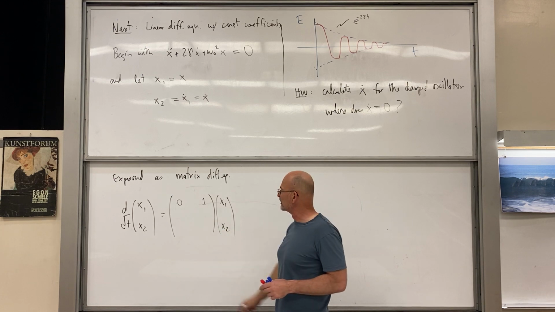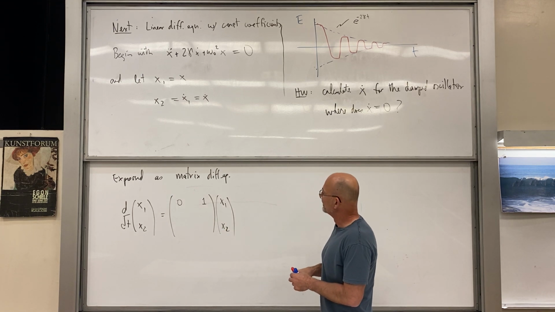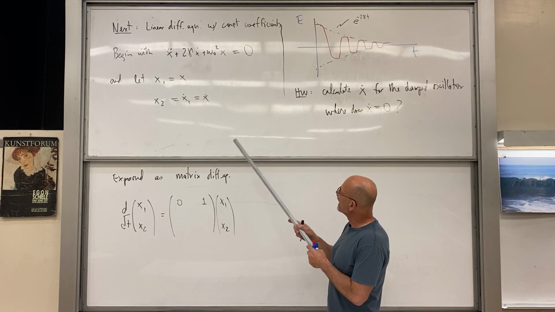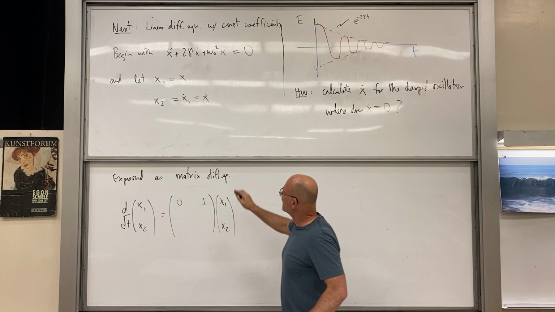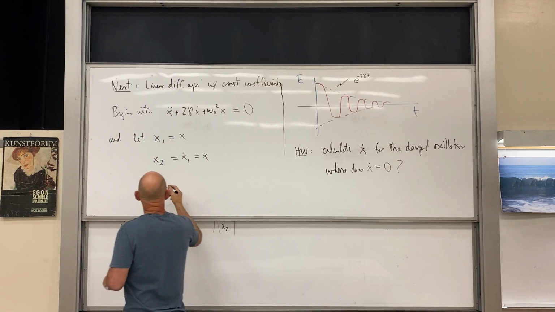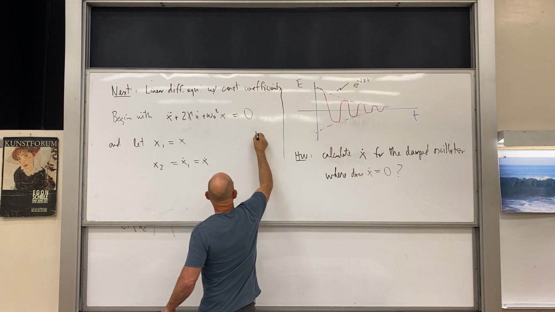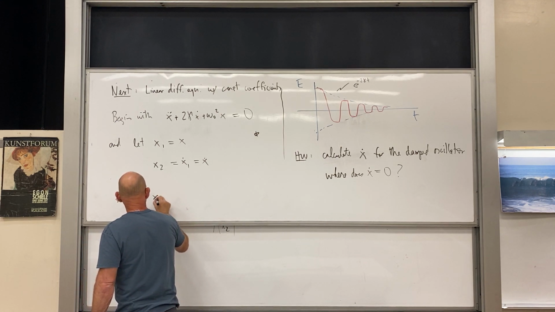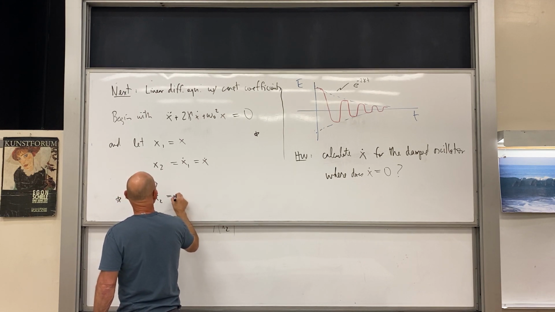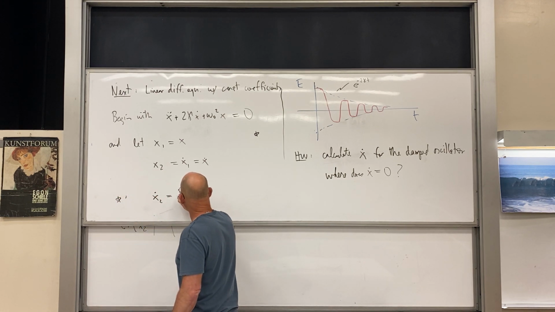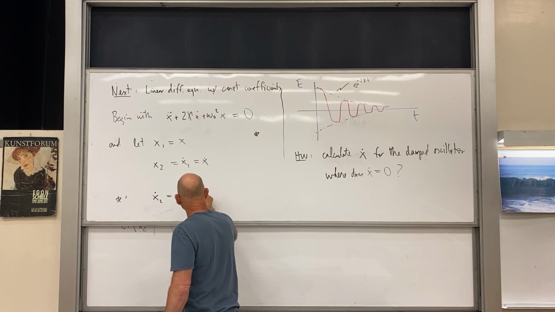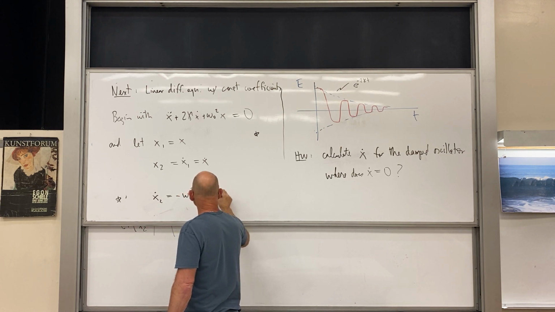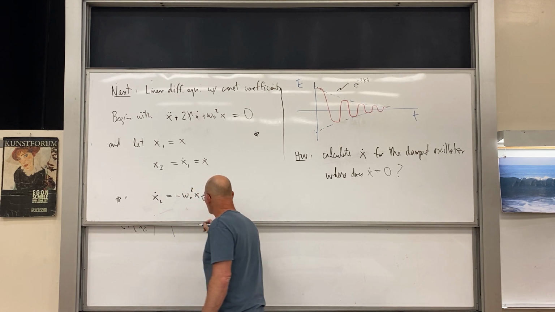I'll write this out in a moment just to make sure we all see what's going on here. What about the time derivative of x2? In fact, let's go ahead and rewrite this differential equation. The time derivative of x2 is equal to minus omega naught squared x1, minus 2 gamma x2.